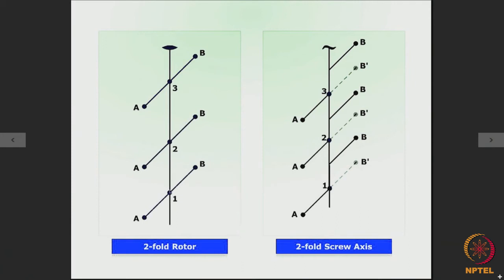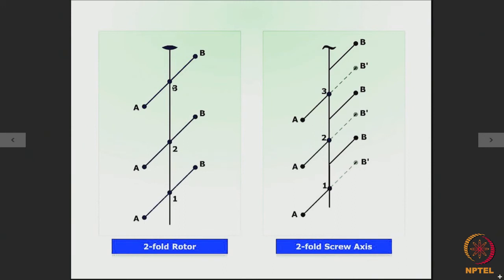Similarly, at point 2, if we have another atom attached to the lattice point here, then due to the operation of the two-fold rotor, A will again produce a point B at 180 degrees.